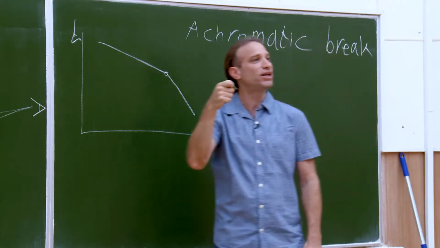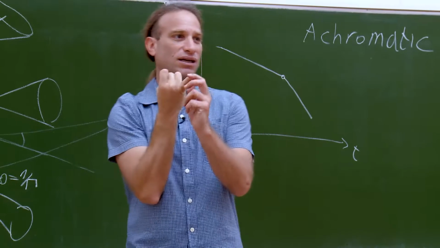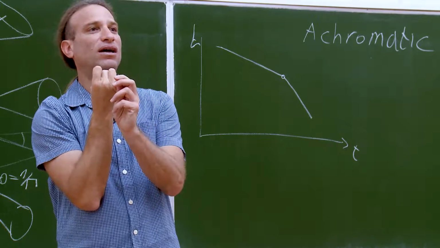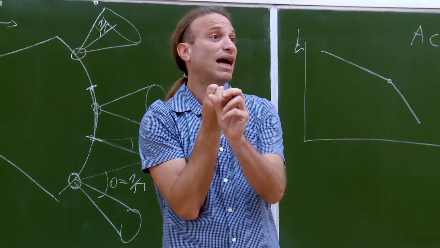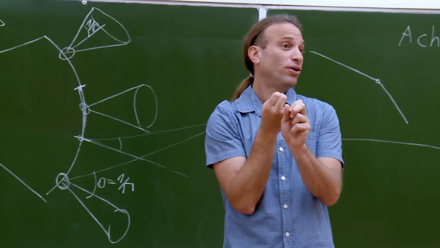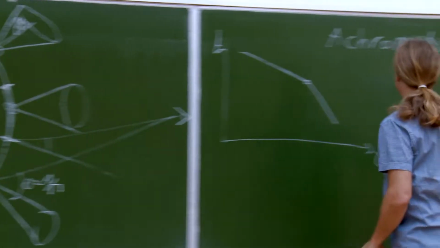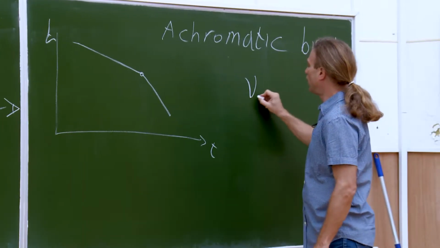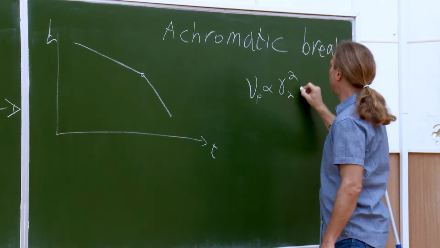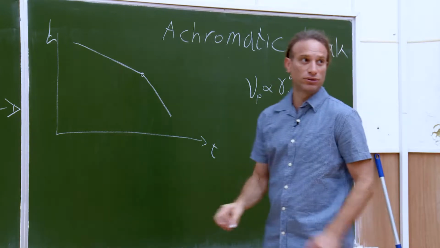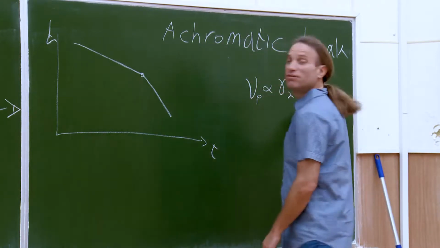Remember that the synchrotron emission is a function of the Lorentz factor of the individual electrons times the Lorentz factor of the shock. So nu peak, the peak energy in the spectrum, is proportional to gamma electron squared times the Doppler factor. The Doppler factor is set by the velocity of the shock.